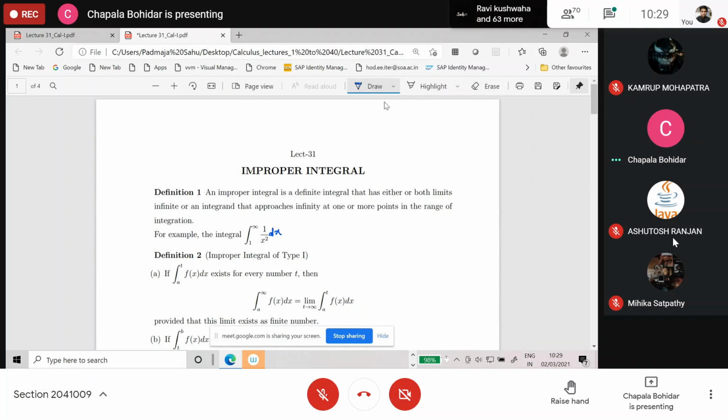Definition: improper integral of type 1.